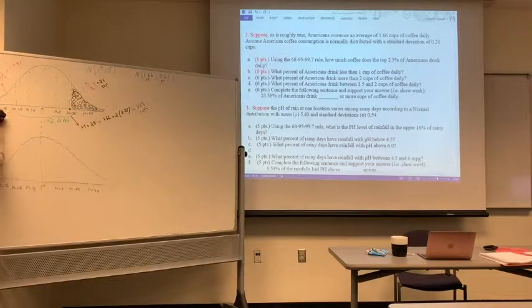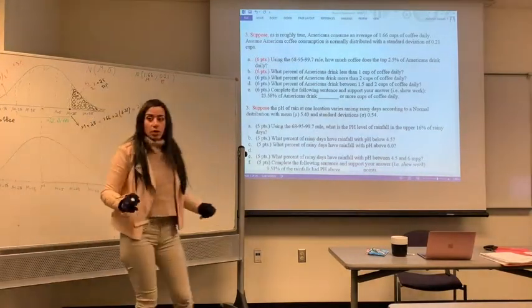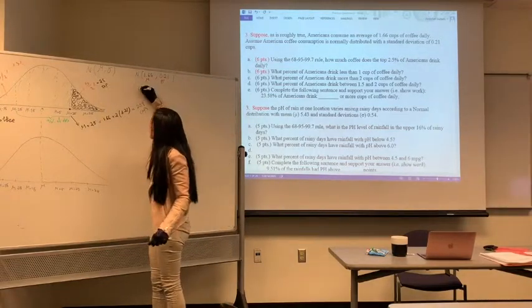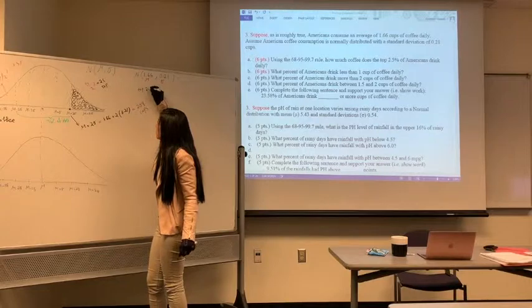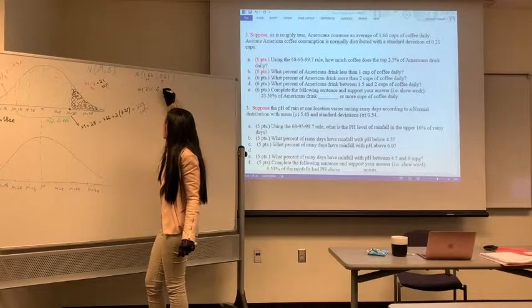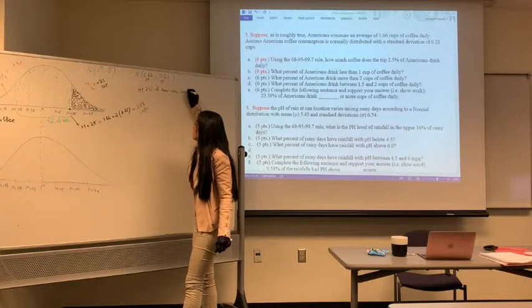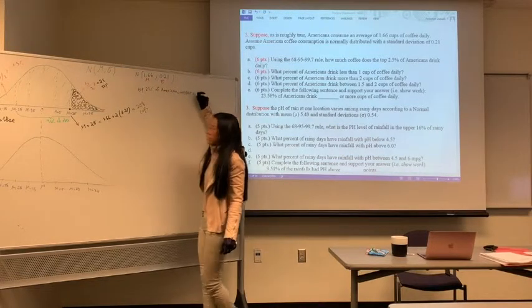So on this axis we have cups of coffee, the amount of coffee. Now we can explain it like this: the top 2.5% of Americans consume what?